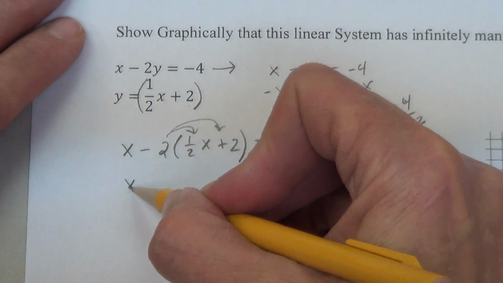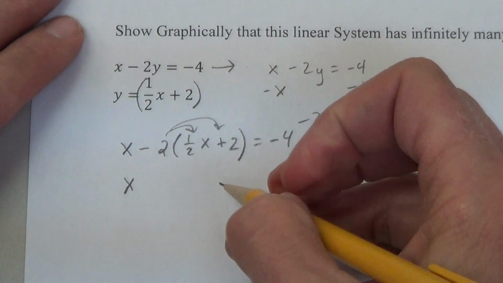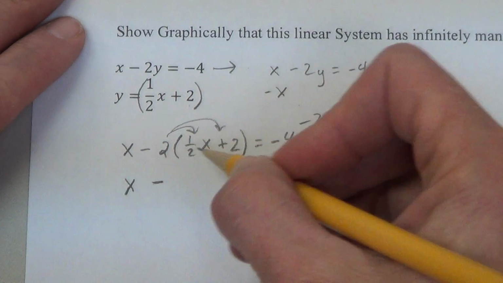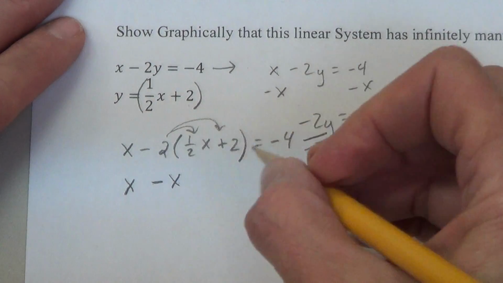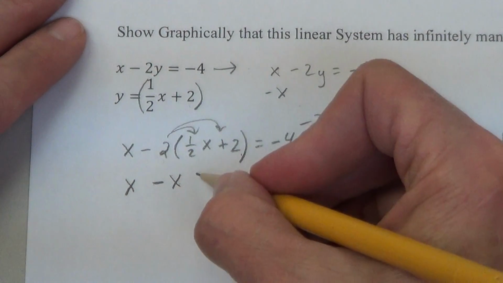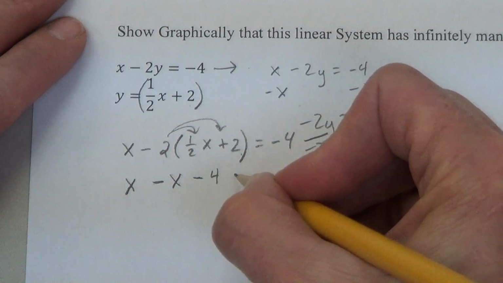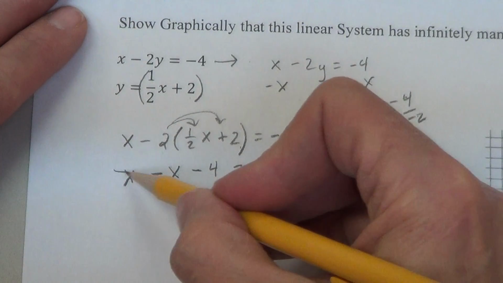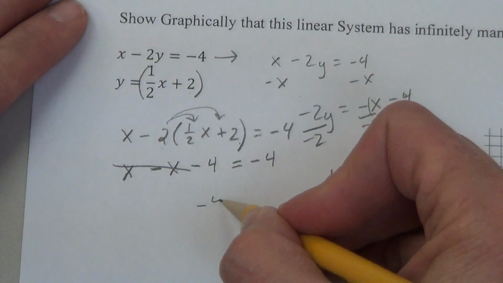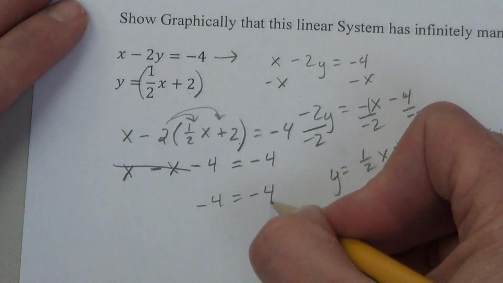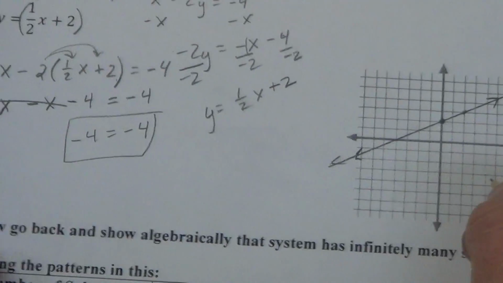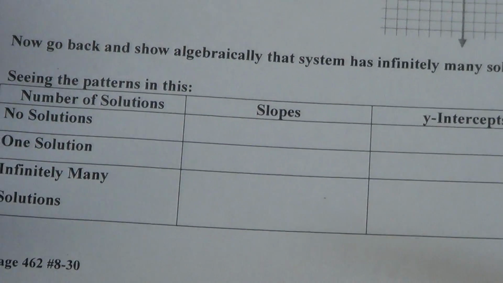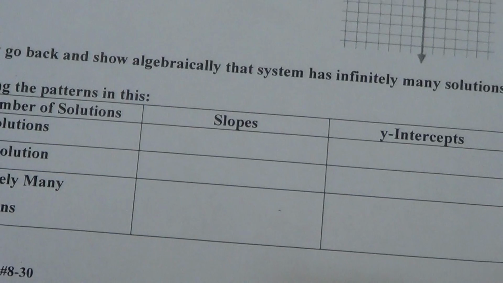We get x, 2 times 1/2, 2 halves make a whole, so it's negative, because it was a -2, -x. -2 times 2 is -4 equals -4. Now, x minus x, they'll wipe each other out, and we have -4 equals -4, which tells us infinitely many solutions. Okay. Now go back, we already went back and showed that algebraically.